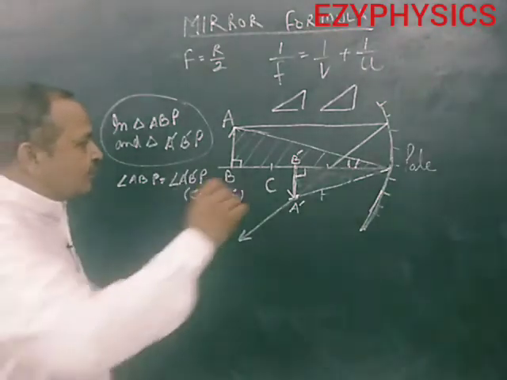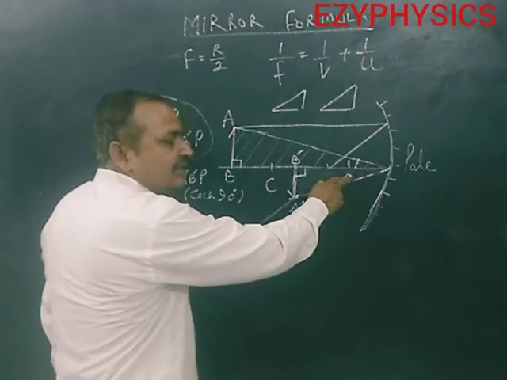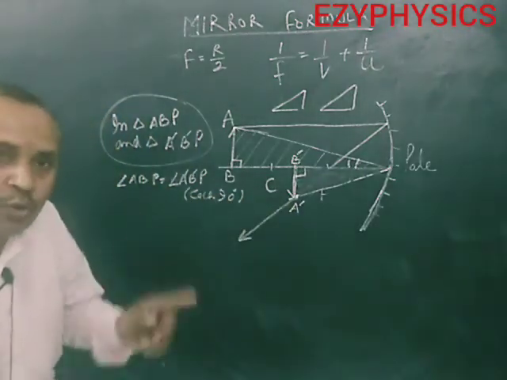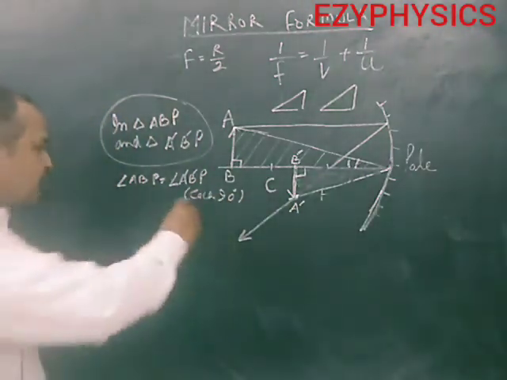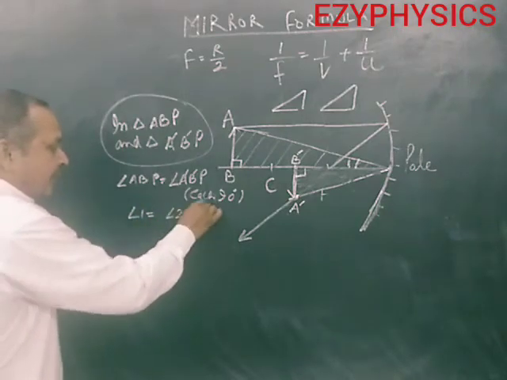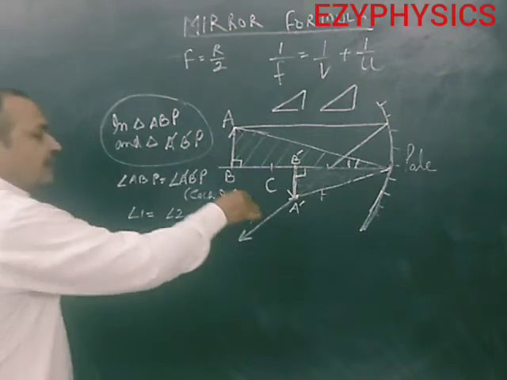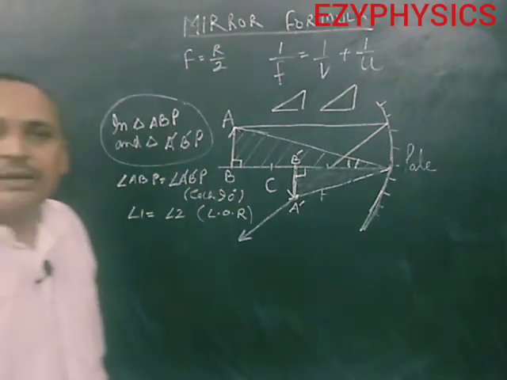And the second thing you will find is that angle 1 is equal to angle 2, the law of reflection. So angle number 1 is equal to angle number 2, and this is the law of reflection.